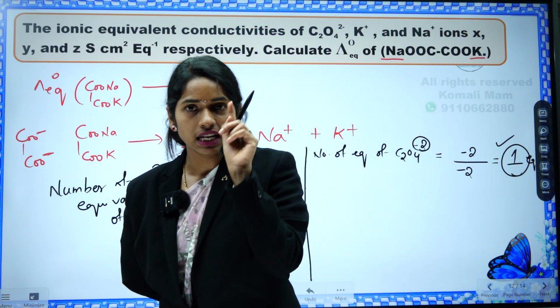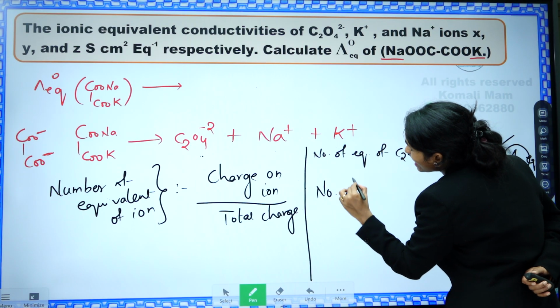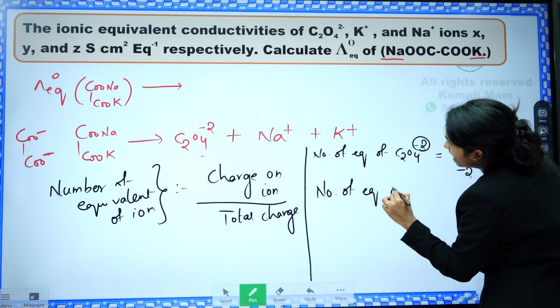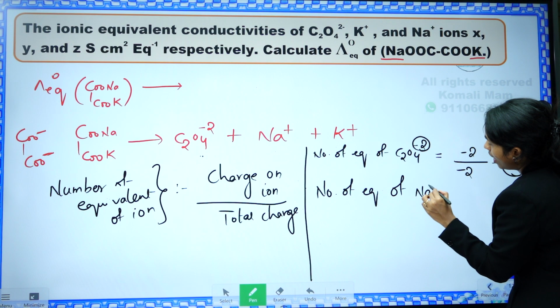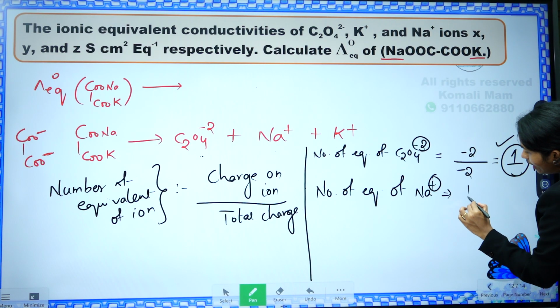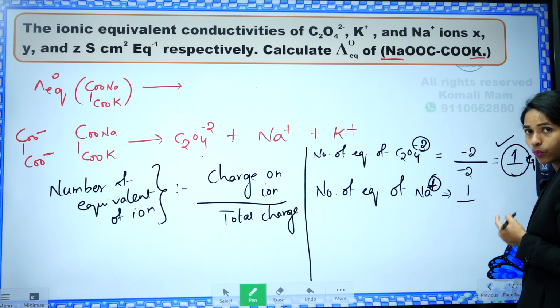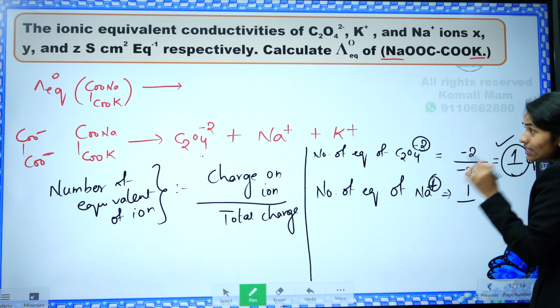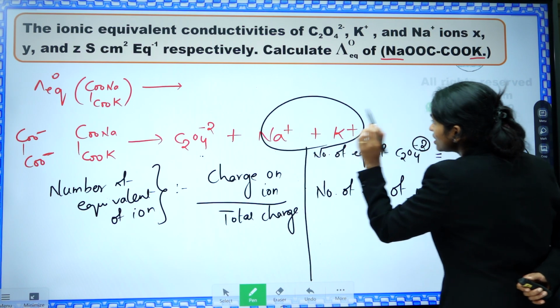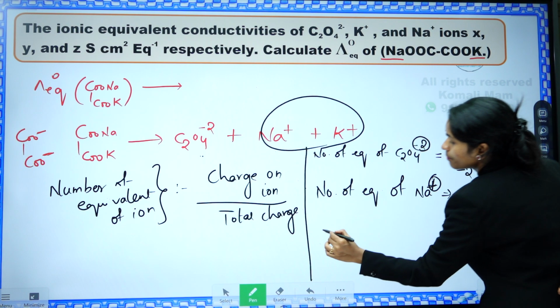Next, the number of equivalents of Na plus. The charge on this cation is 1, and the total positive charge is plus 2. So it is half equivalents of Na plus.